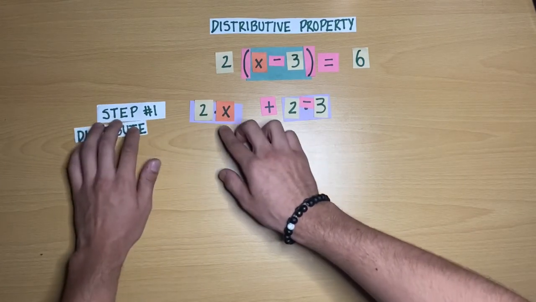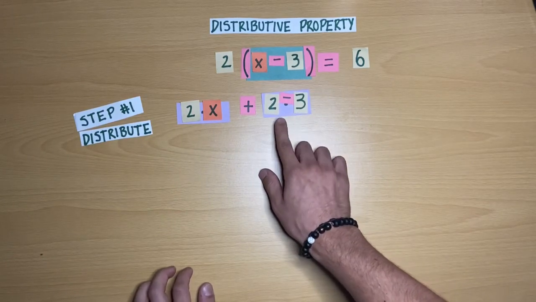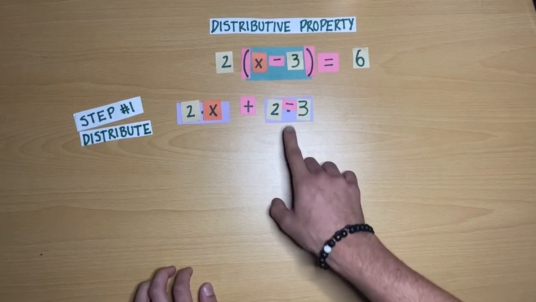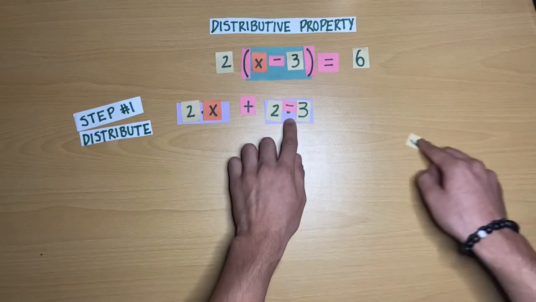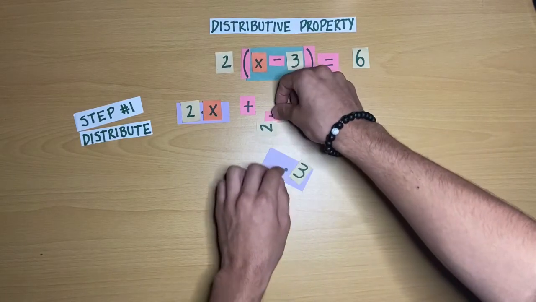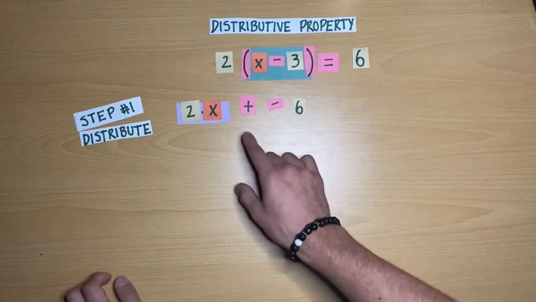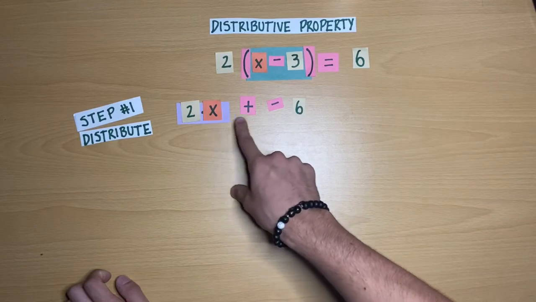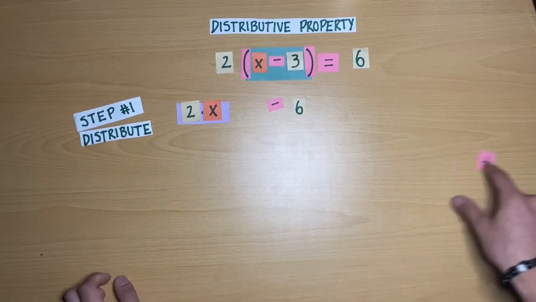So we get 2x plus 2 times -3. And 2 times -3 is -6. So we'll put the -6 there. And now 2x plus -6, that's just 2x minus 6.